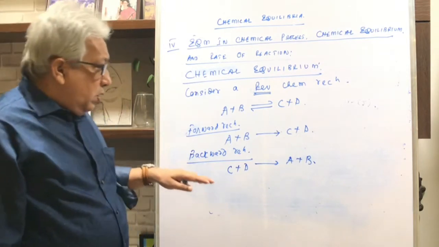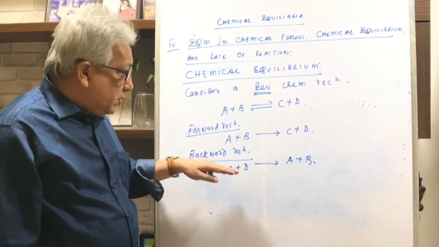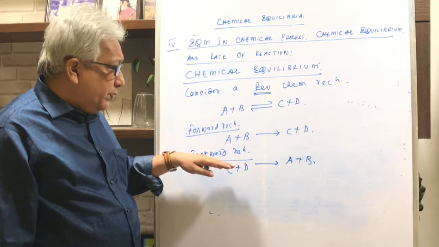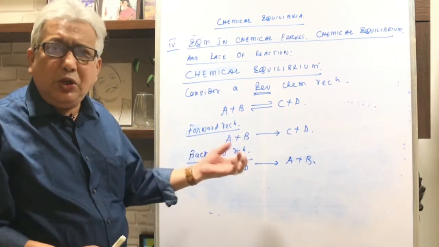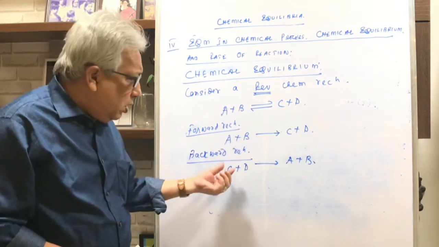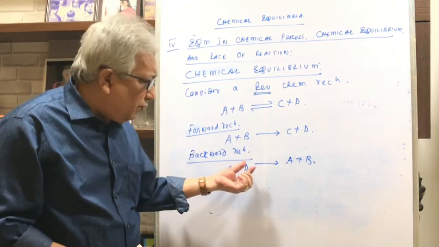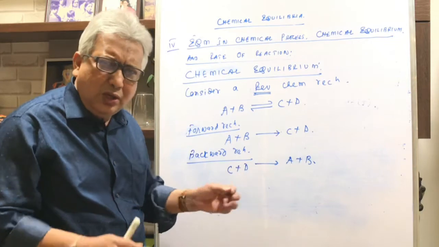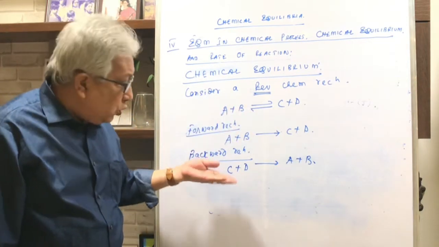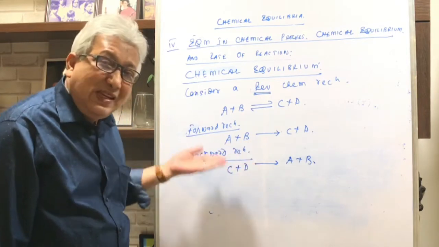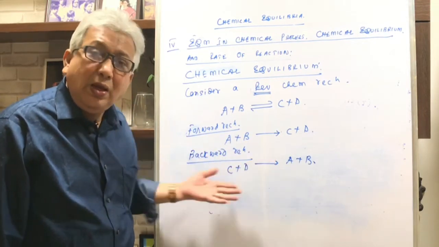Now what happens? Initially the amount of C and D was 0, then a little bit was formed, and they started reacting. So the rate of this reaction is less, but more and more C and D are getting formed. So the rate of this reaction of C and D reacting to give me A and B is increasing.